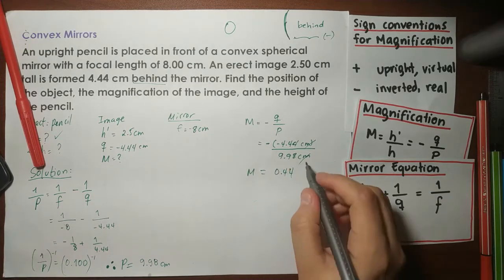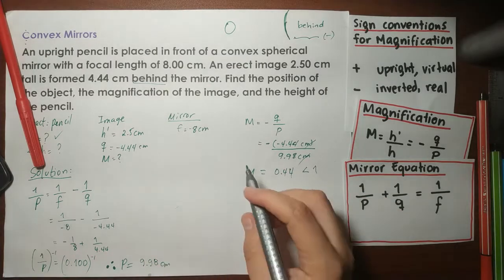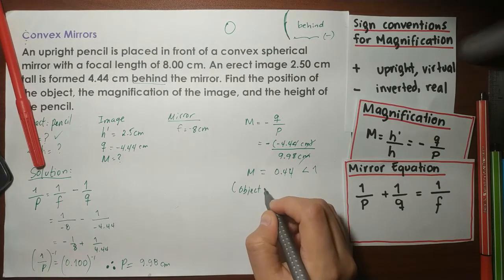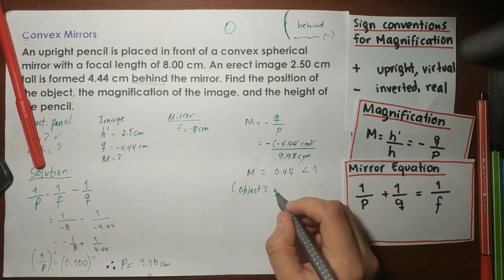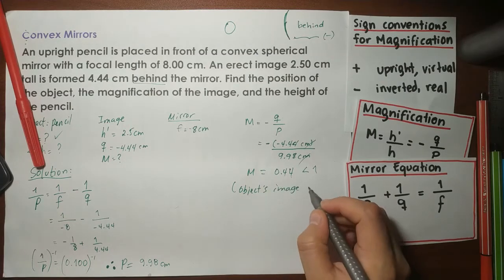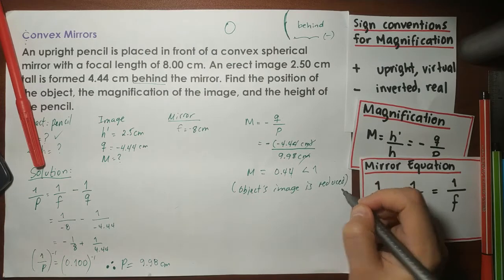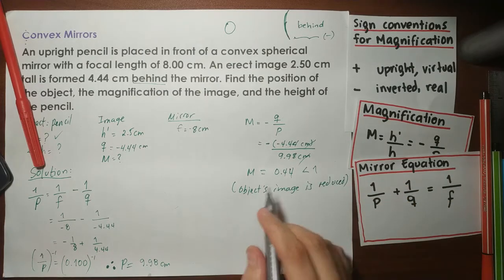What does this mean? As this number is less than 1, that means that the image is reduced. That's what it means.